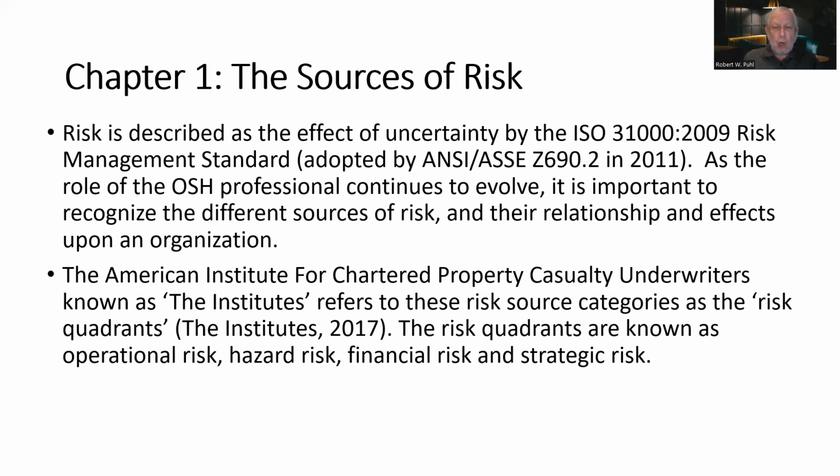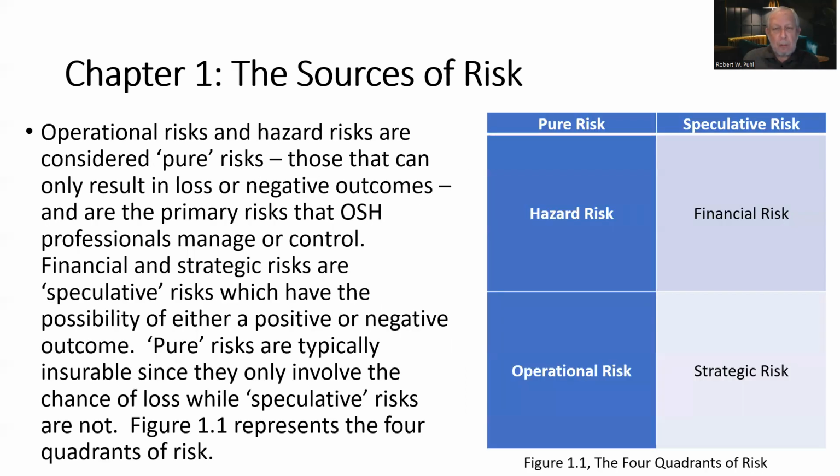The American Institute for Chartered Property Casualty Underwriters, known as the Institute, refers to these risk source categories as the risk quadrants. The risk quadrants are known as operational risk, hazard risk, financial risk, and strategic risk. And there's a little chart in your book about these.